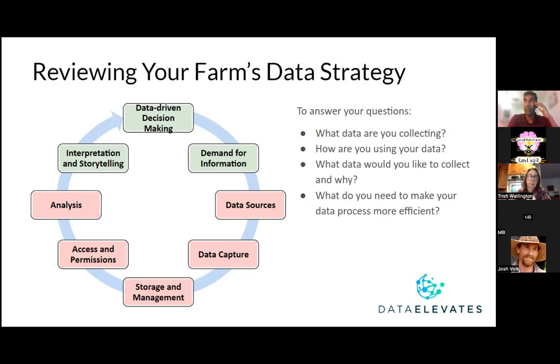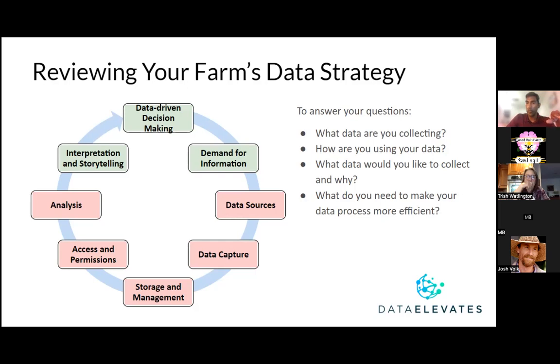Maybe we're not sourcing or collecting the right information. Maybe it's in different places. Maybe we're not storing it correctly. How can we use data better to inform these decisions in relation to an actual question that you have about your farm? The overall goal here is to create a more efficient process for using data in your decision making. So practically, focus on the questions that you have.